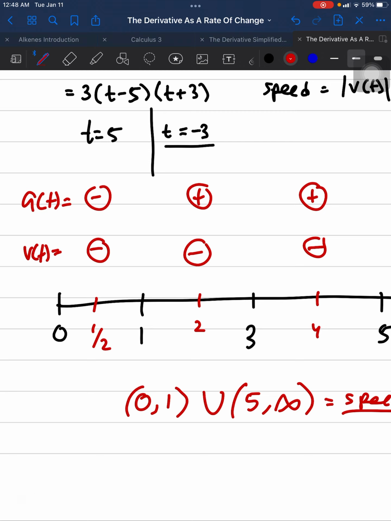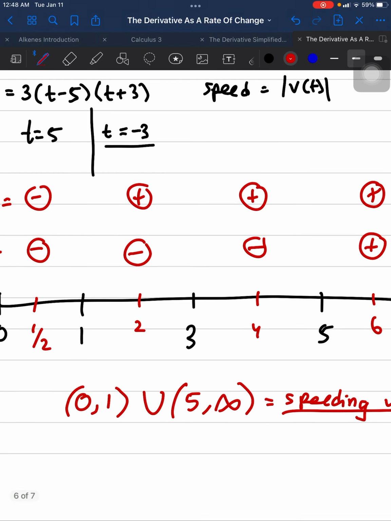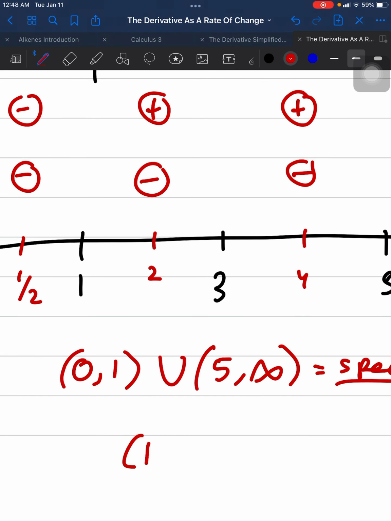And in between 1 and 3 and 3 and 5, the signs are different. Acceleration is positive, velocity is negative. But we can make this interval smaller, so we don't have so many little pieces of the same interval. We can just say the interval is 1 to 5.